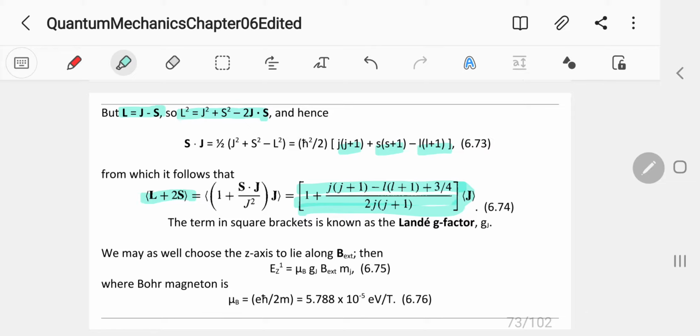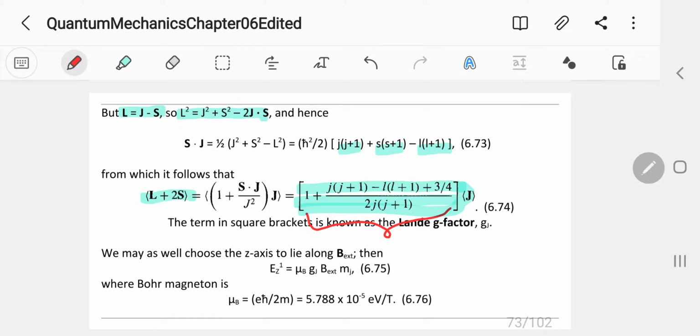By the way, the term in the square bracket is known as the Landé g factor. This one here, that's the Landé g factor.